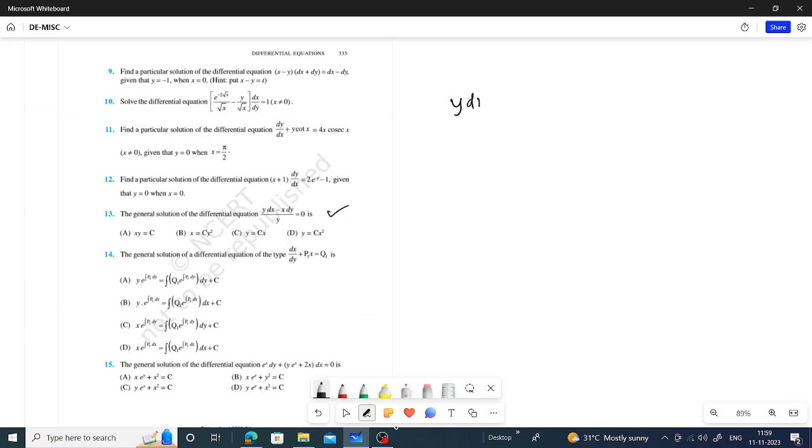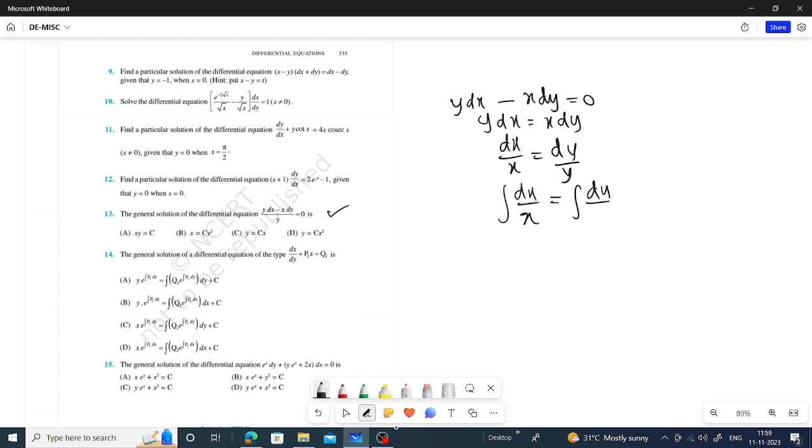It means that y dx minus x dy equal to 0, y dx is equal to x dy, and dx by x equal to dy by y. Integrating, it is variable separable form, integral dx by x equal to integral dy by y, so log x equal to log y plus log c.